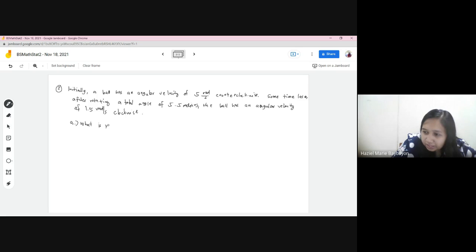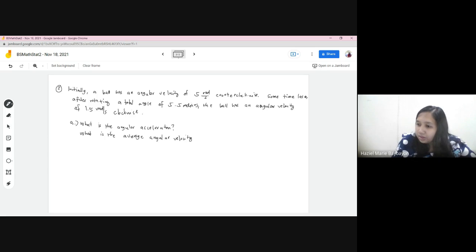What is the angular acceleration? And then what is the average velocity? And then how much time does this motion take? How much time did this take?